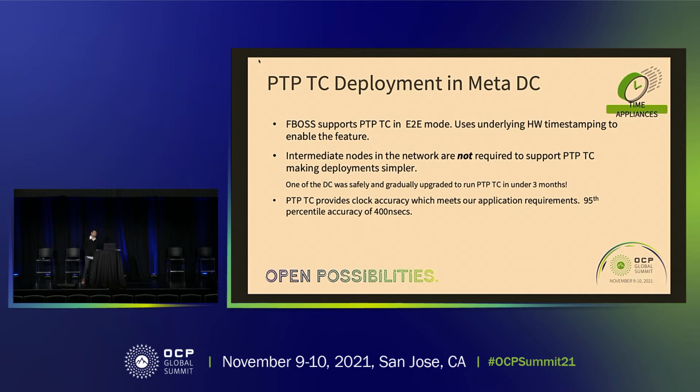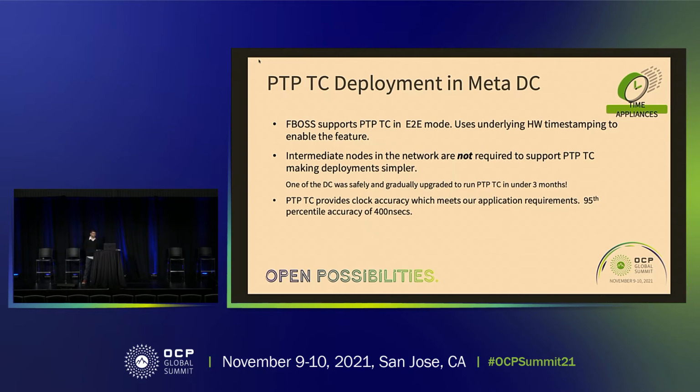In one of the DCs that we were able to upgrade, we used PTP TC and upgraded the whole network within 3 months. That's pretty amazing, given that if we had taken the option of the boundary clock, it would have taken a lot more effort just to develop the BC. Then we would have to support it and troubleshoot it in multiple ways.